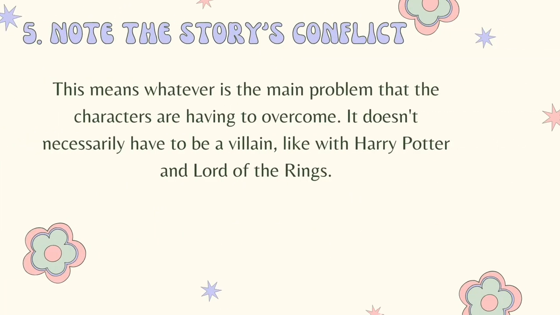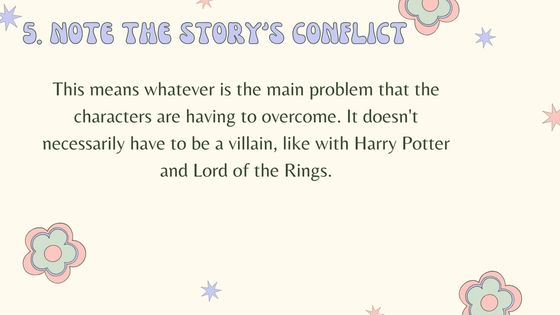The fifth step is note the story's conflict. This means whatever is the main problem that the characters are having to overcome. It doesn't necessarily have to be a villain, like with Harry Potter and Lord of the Rings. So, this means that the main problem or challenge the characters face in a story doesn't have to be a traditional villain.